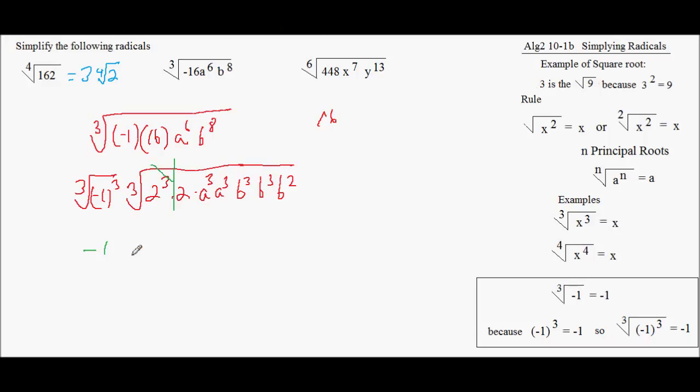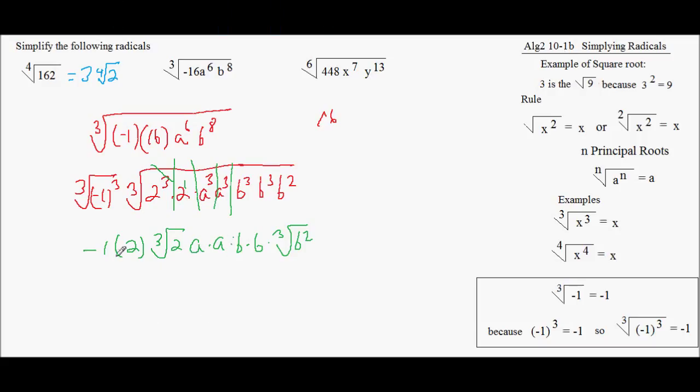This cancels, and I get 2 times the third root of 2. This one is to the first, so that stays. This becomes a, and this becomes a, and then b and b, and the third root of b squared.